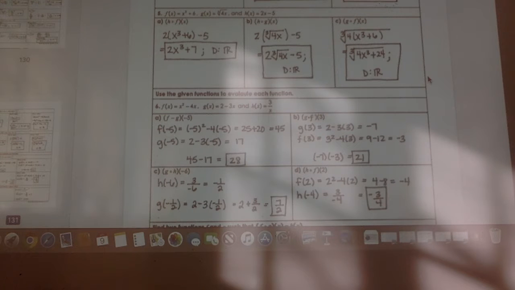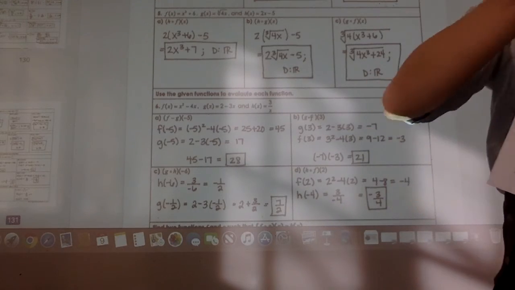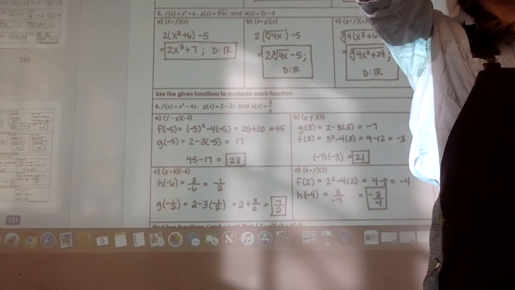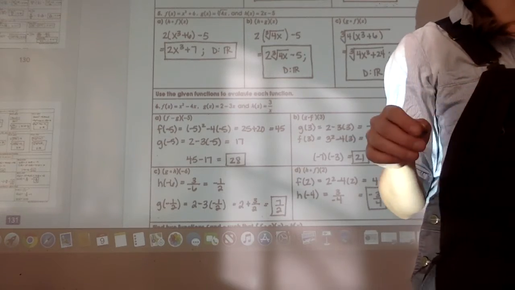Is it on the back? Yep, it's on the back side. So we're going to start with example number 6 on the back side of your second sheet. Decomposing a function is on the very bottom.